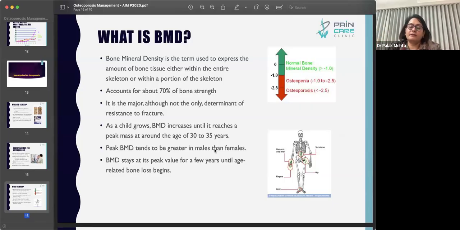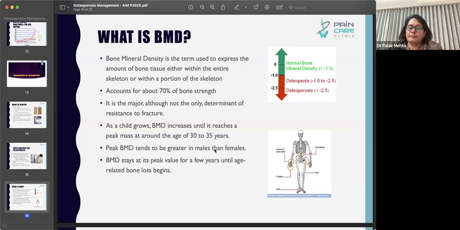If with the DEXA bone scan the bone mineral density comes between -1 and -2.5, it is called osteopenia. This is the T score. If it is less than -2.5, that is called osteoporosis.